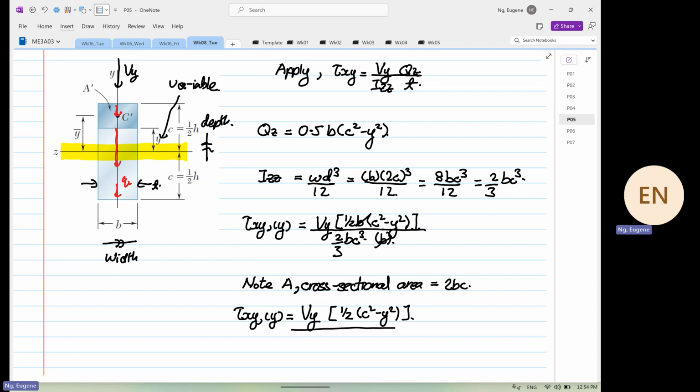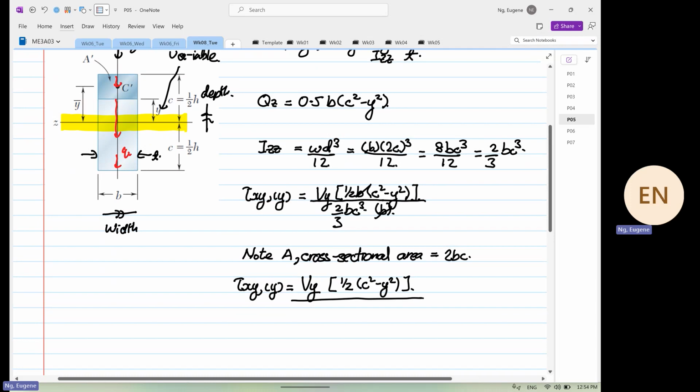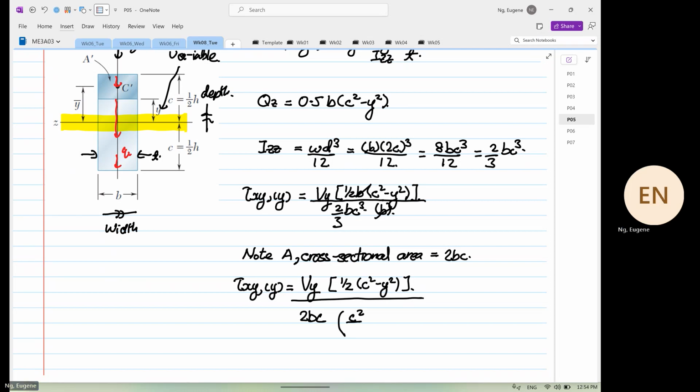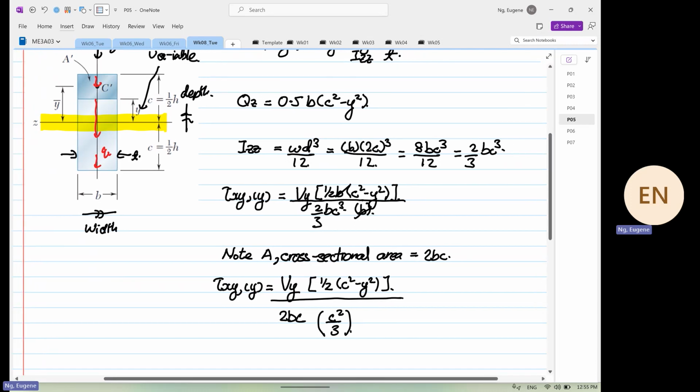And then the whole thing divided by, I'm going to separate the 2BC, then I will have C squared over 3. Is it Laplace transform where you cook the equation, the relationship below? Have you all learned Laplace already or not yet?